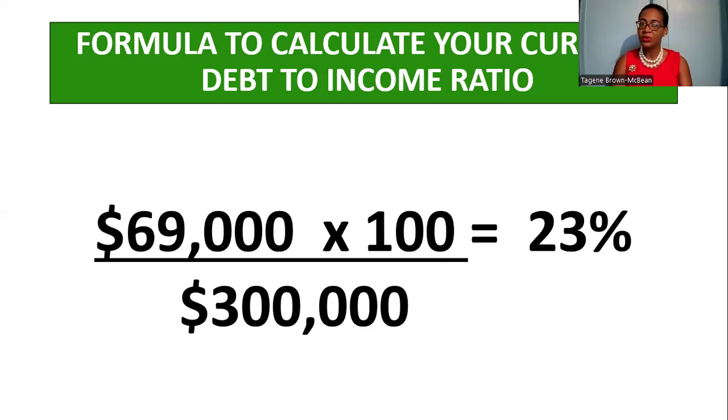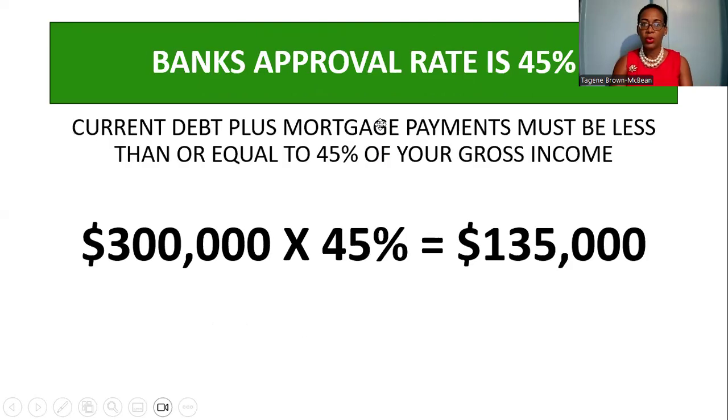So we are going to go to the next step, which is to explain what percentage the banks will use and how it affects you. All right, or could use, because they have different percentages. All right. So the bank approval rate may differ bank to bank.